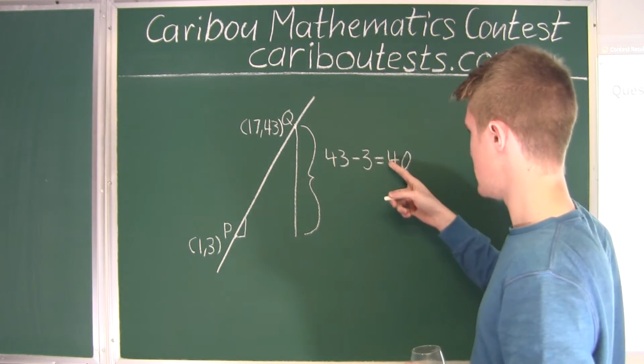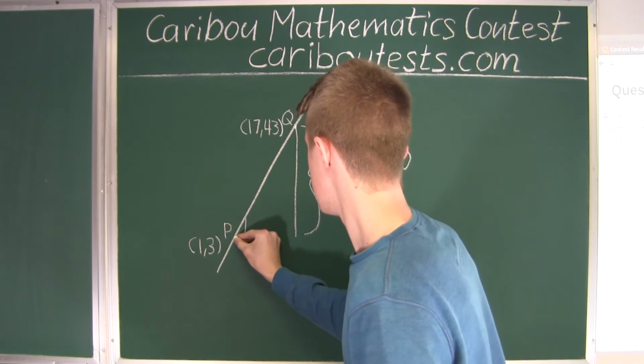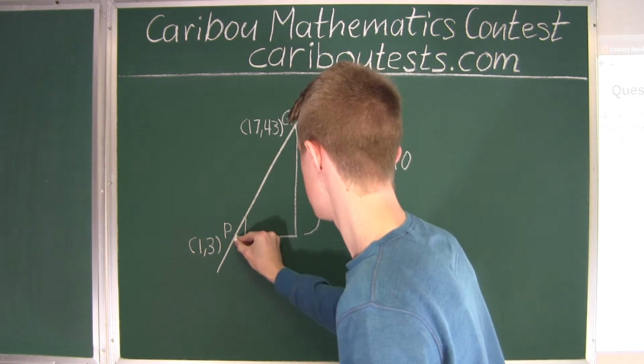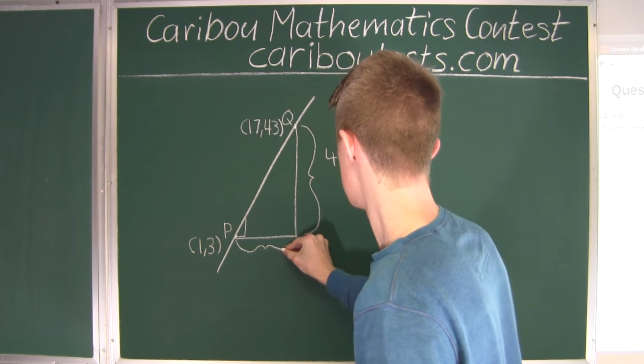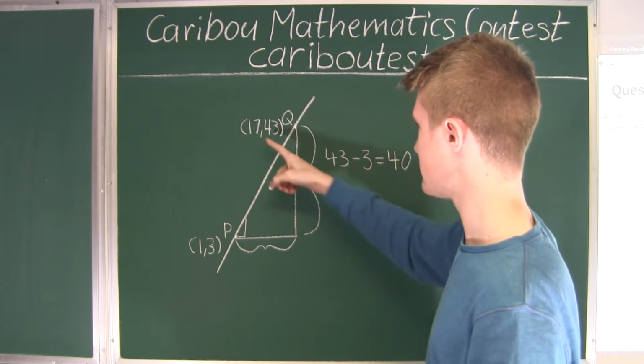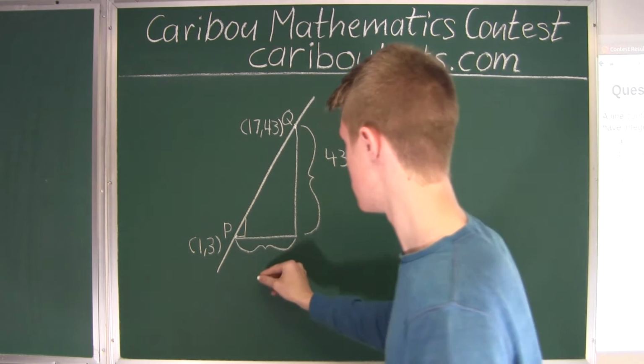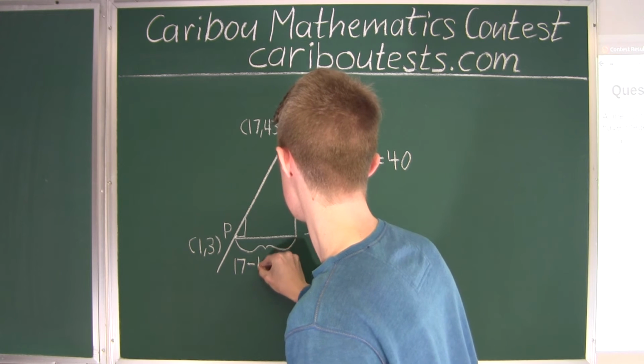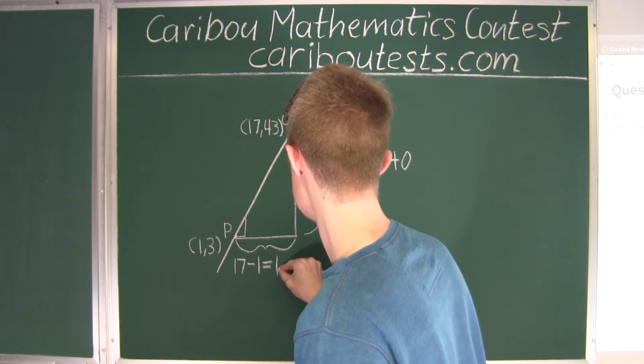So that is the change in y. And for the change in x, we would have 17 minus 1, and that is equal to 16.